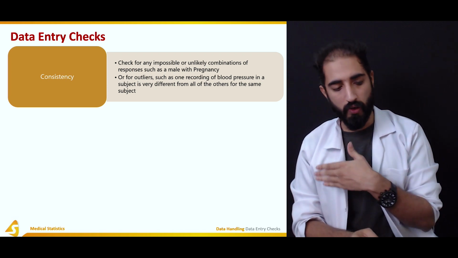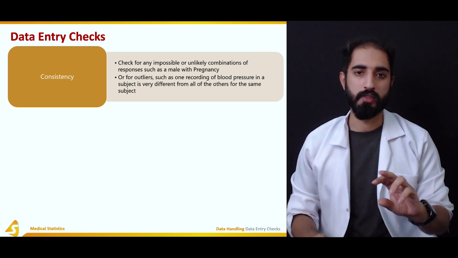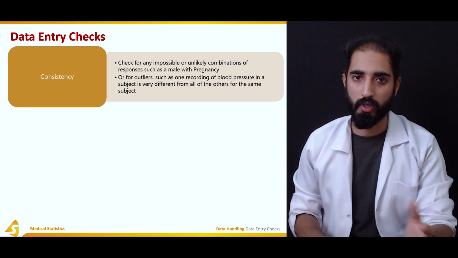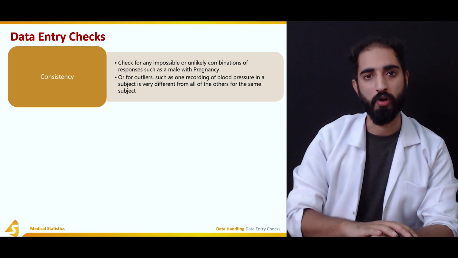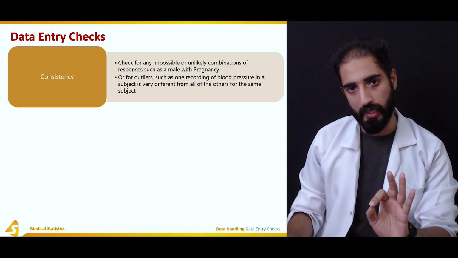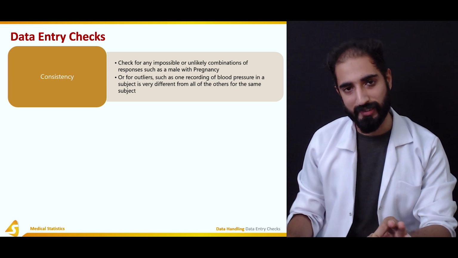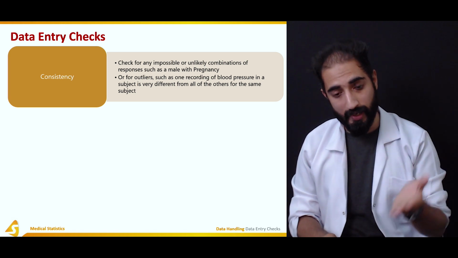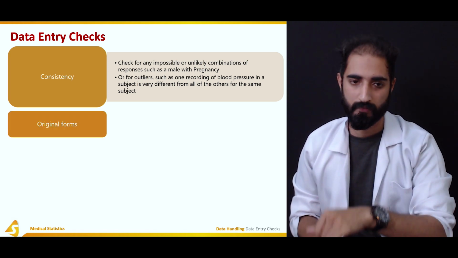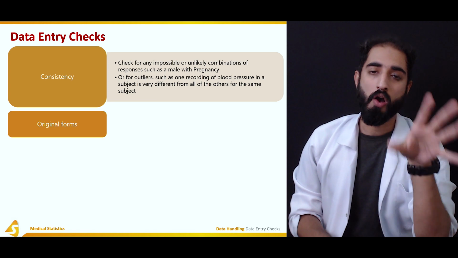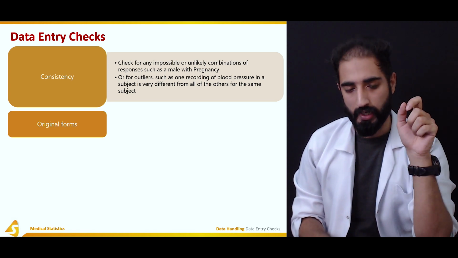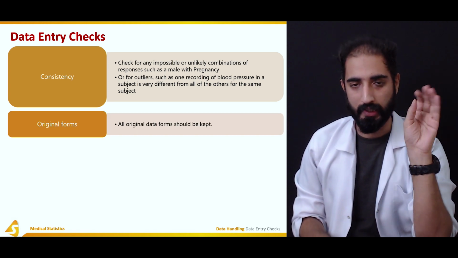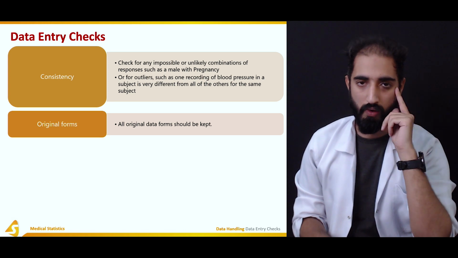In all of the other values, his blood pressure was normal, but one was remarkably abnormal, so that can be a mistake. So always check for consistency within the data, within the variables, as well as within the subject. Always keep the original forms so that you can refer back to them in any kind of mistake or problem.